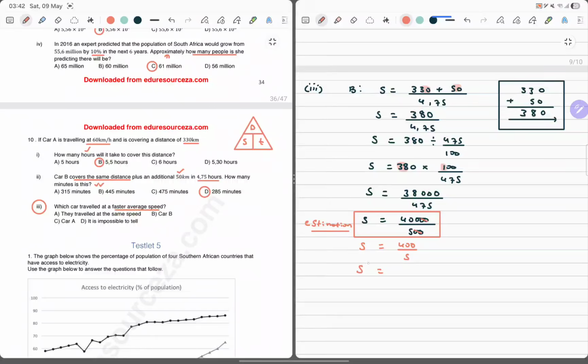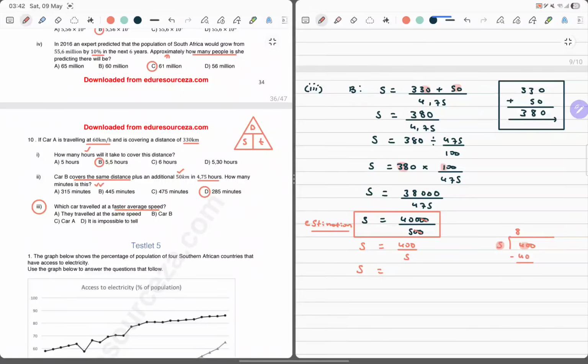So S is going to be 400 divided by 5. Let's do long division, a good chance to practice. 5 into 40 goes 8 times, because 8 times 5 is 40.